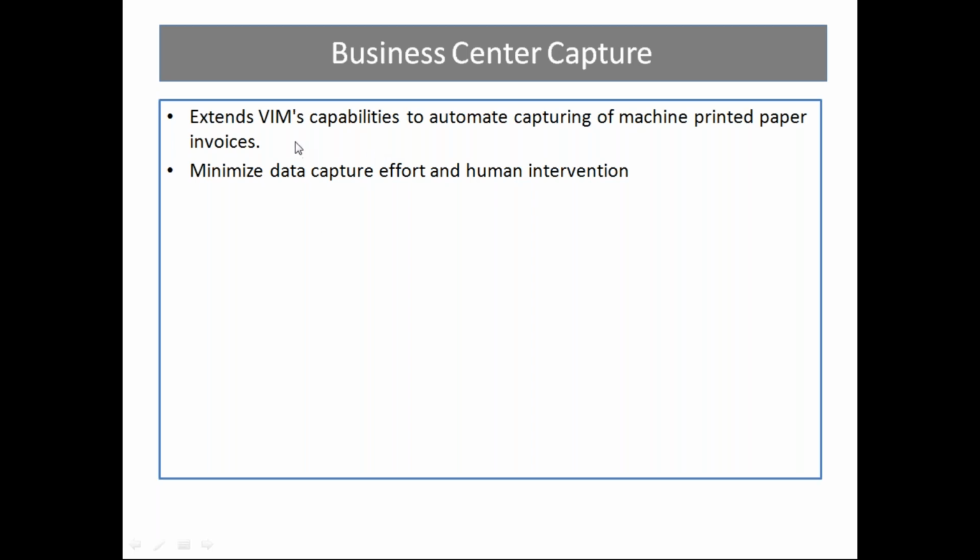Okay. It is mainly used for extending the VIM capabilities to automate capturing of machine-printed paper invoices. What is the main advantage of using Business Center Capture or OCR? For example, if this information has not been captured, then all the information needs to be entered manually by the AP processor. The AP processor needs to enter each and every field by looking at the invoice.